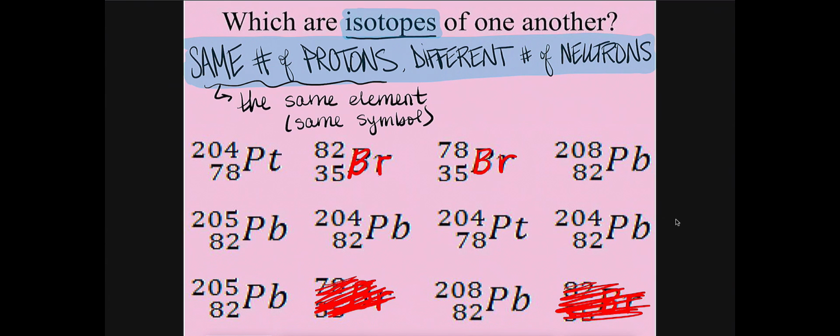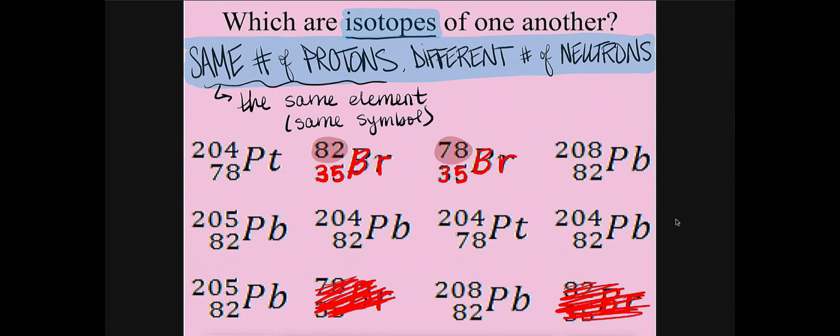Up here I have 2 isotopes of bromine, and we see that they also have the same atomic number, right? They have the same number of protons. Now, where things get a little different is up here. One of them is 82, the other one is 78.